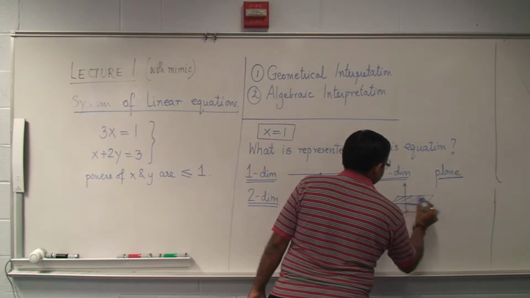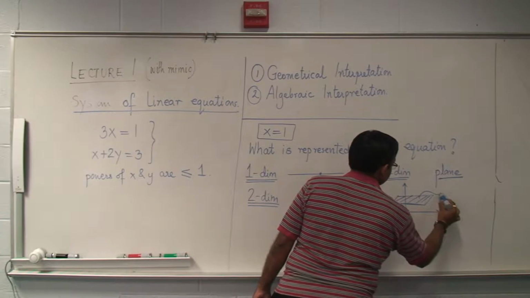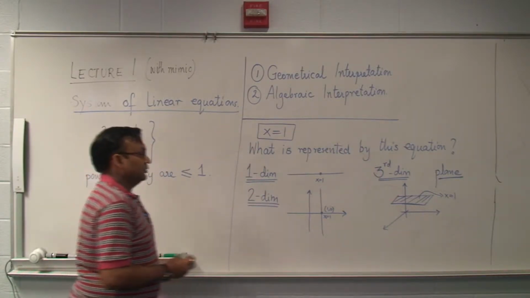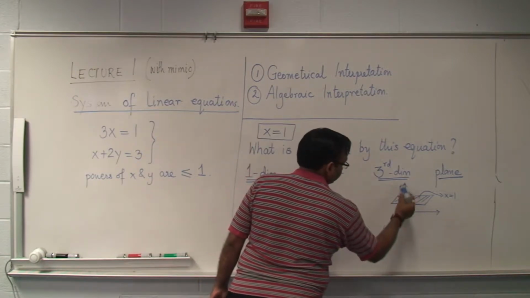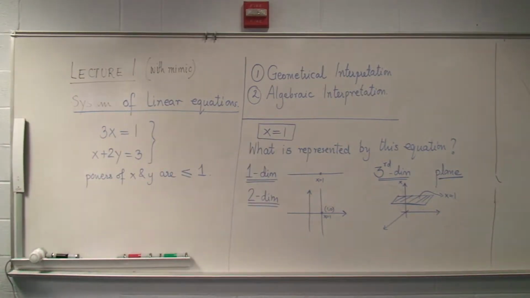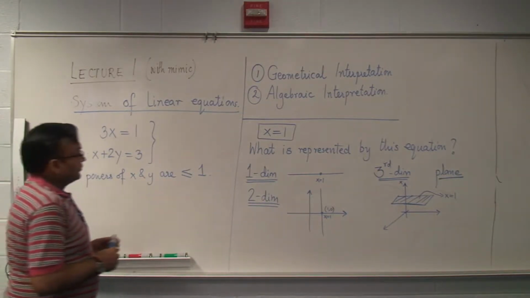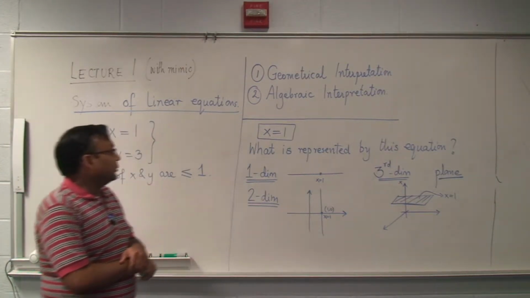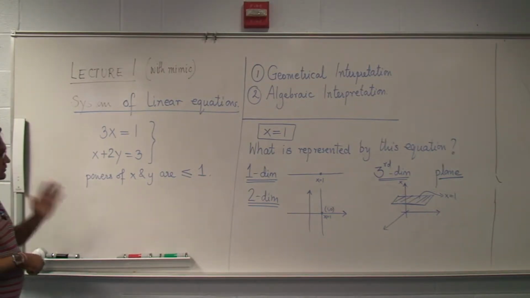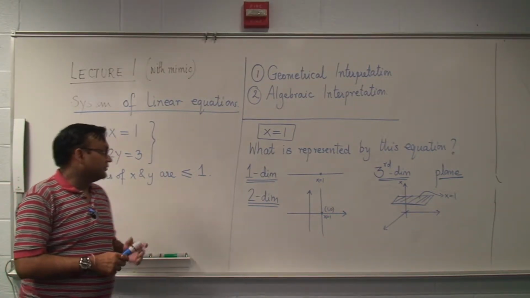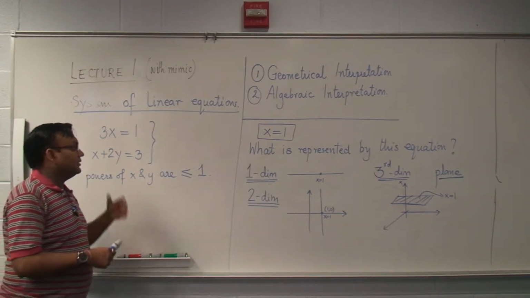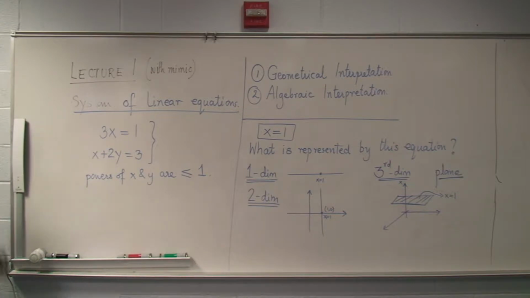So for example, in 3 dimensions, this plane is what we call being represented by x is equal to 1. This is your x-axis, y-axis, and z-axis. So from now on, whenever somebody gives us an equation or a system of equations, we have to be very careful and ask ourselves what is the ambient space in which we are working. Based on that space, we will try to interpret the solution to that particular system of equations.